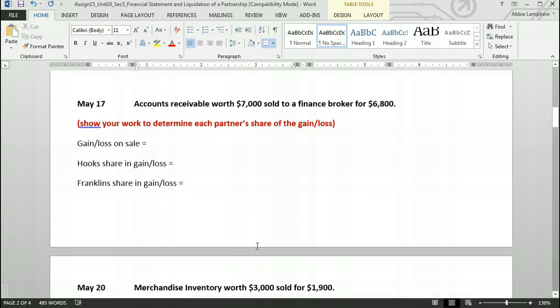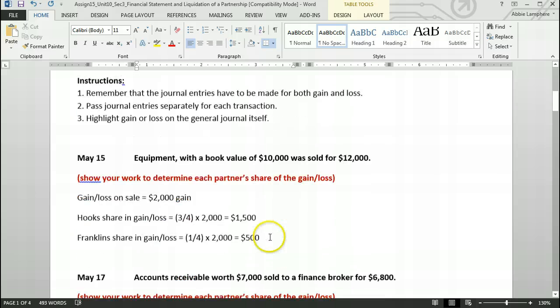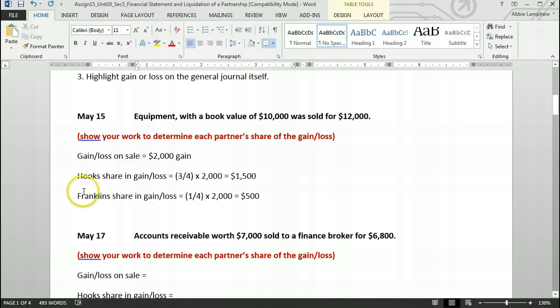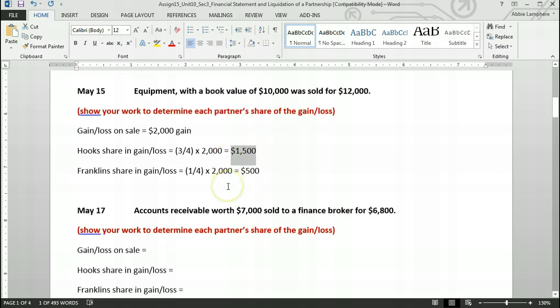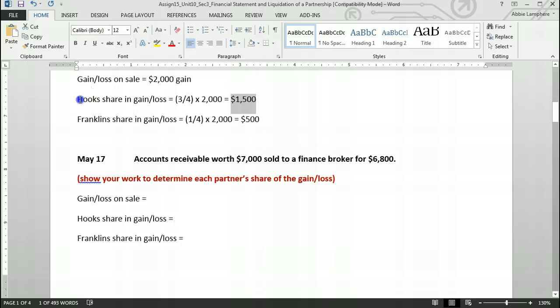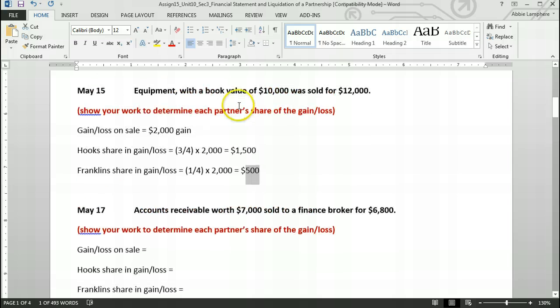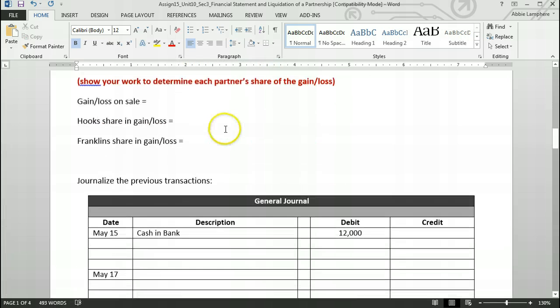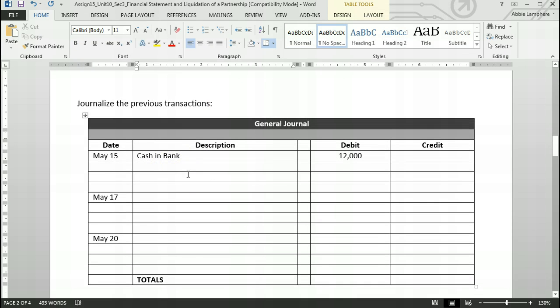And then our capital accounts are going to increase as a credit. Our capital accounts increase on the credit side. So we're going to credit Hook's capital for $1,500, credit Franklin's capital for $500. And then we're also going to credit our equipment account, because we're closing that account for $10,000, the value we had in there for our equipment.